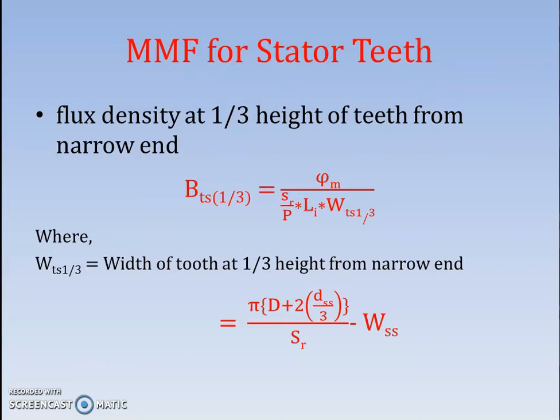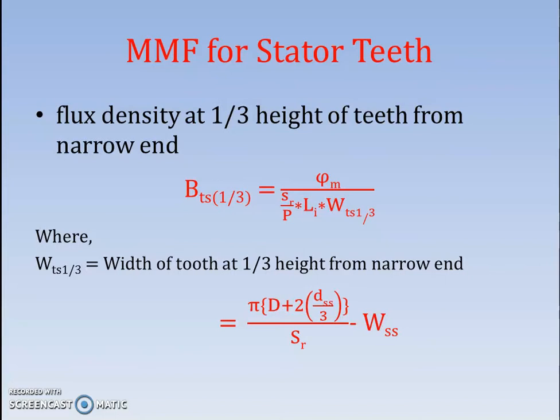So we have slot pitch, that is pi multiplied by D, D is the diameter, plus 2/3 DSS, that is the depth of the stator slot, divided by number of slots, and minus WSS, that is width of the slot.